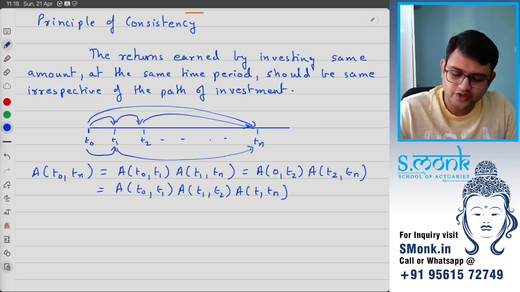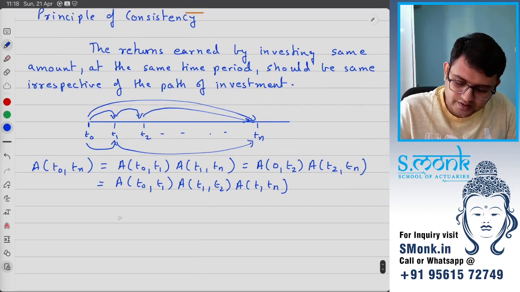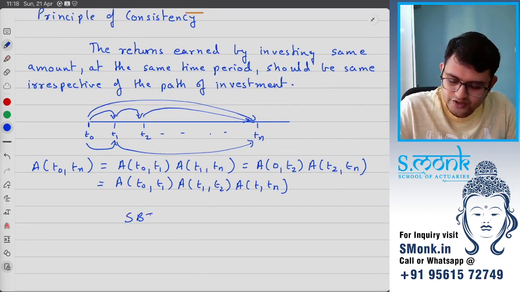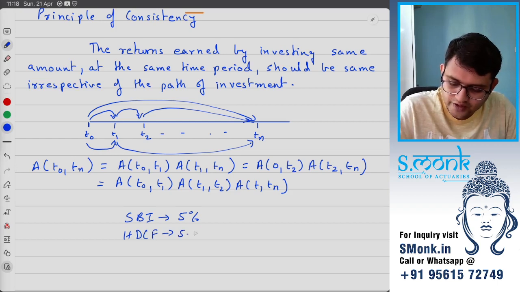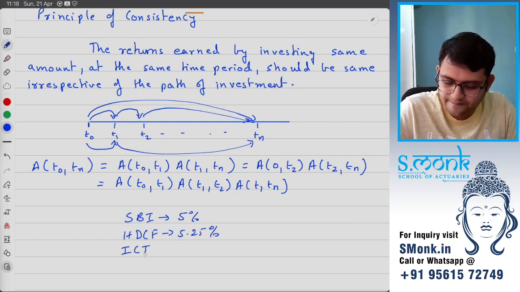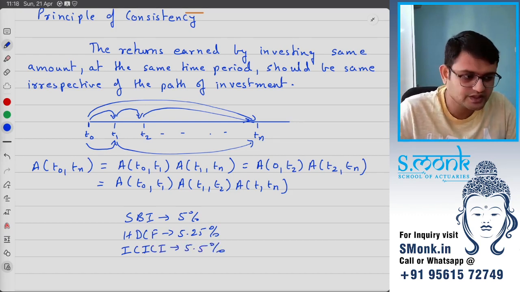In real life, we see multiple options. In real life, you will find that SBI is offering you, let's say, 5%. HDFC will offer you maybe 5.25%. ICICI will offer you maybe 5.5%, right?